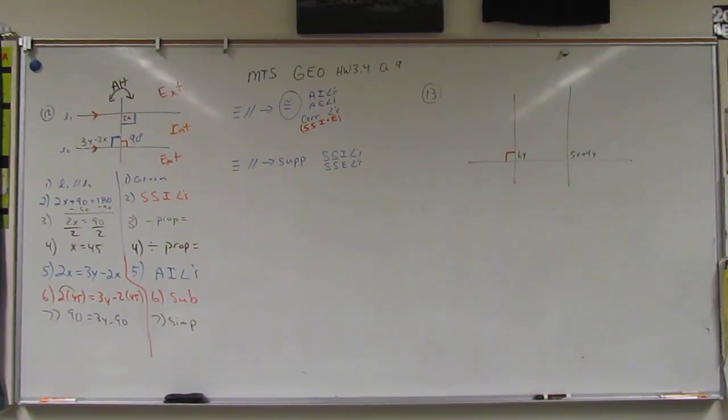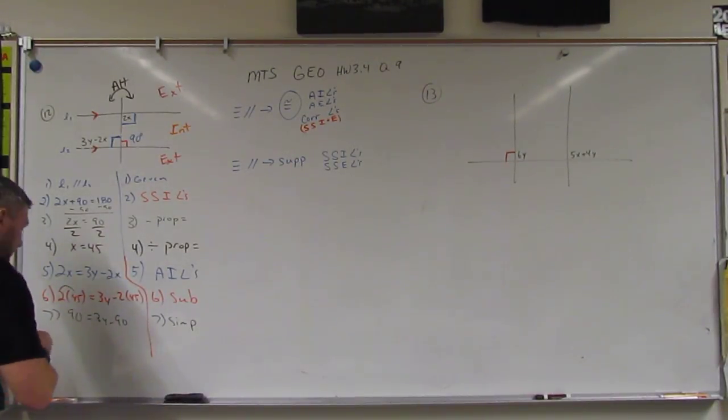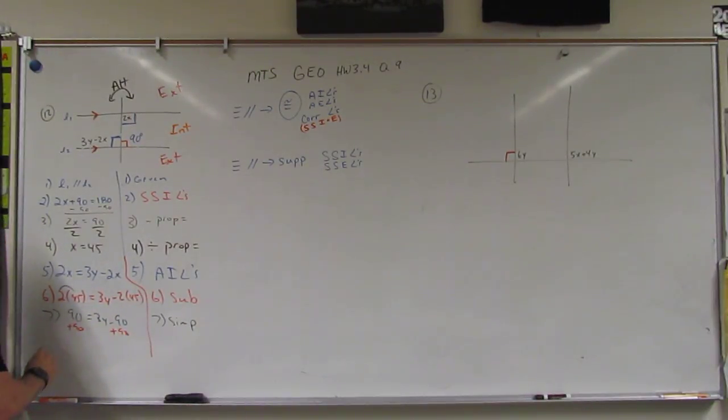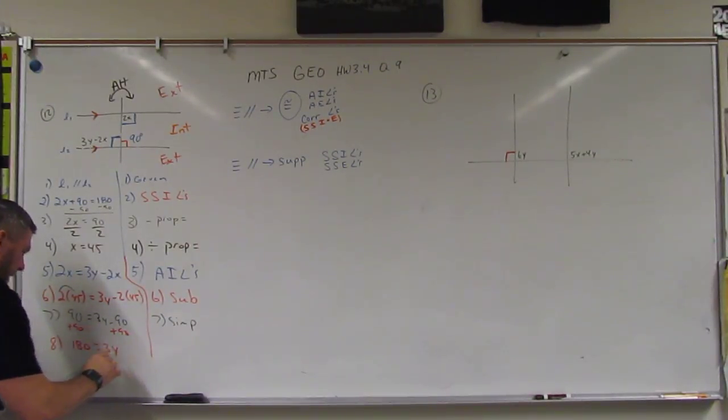Alright. And then what? Add 90. And I get 180 equals 3y, right?